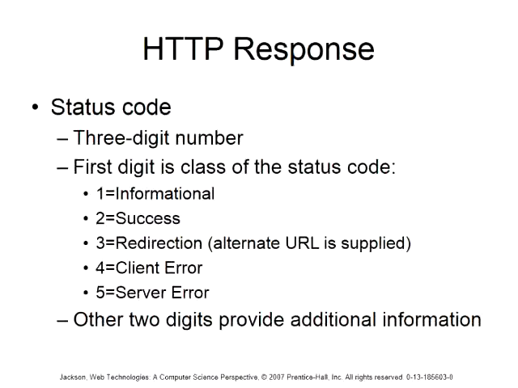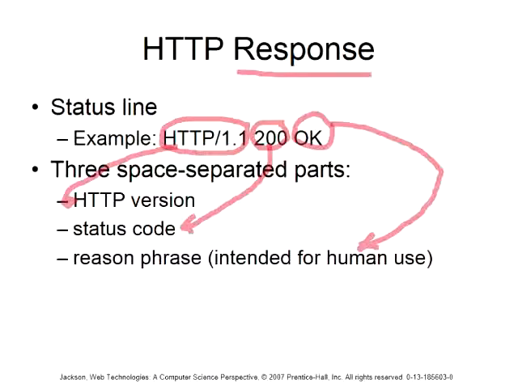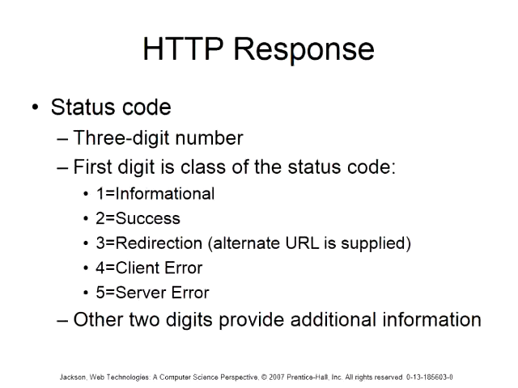So the status code is a 3-digit number. We talk about 200 here. So a 3-digit number, like 200, for example.